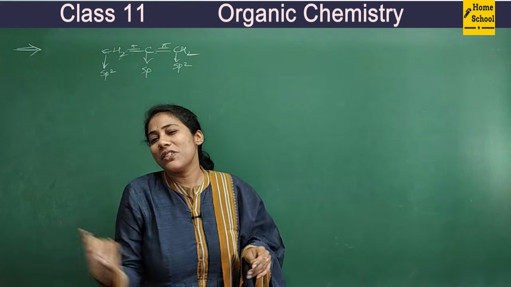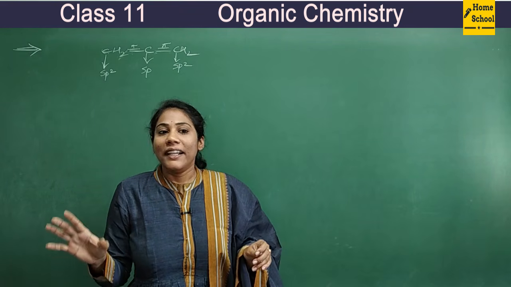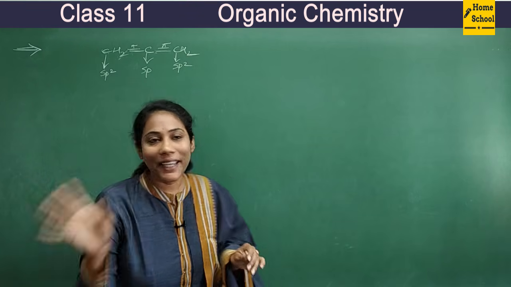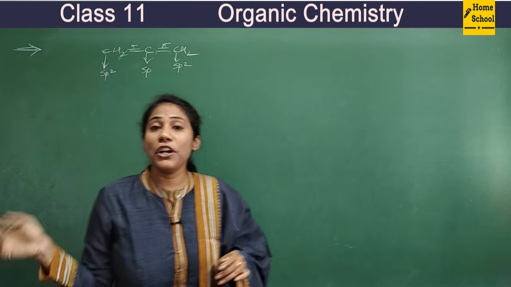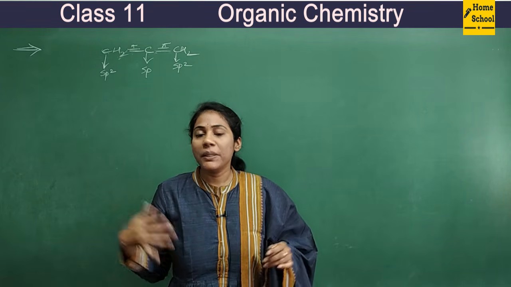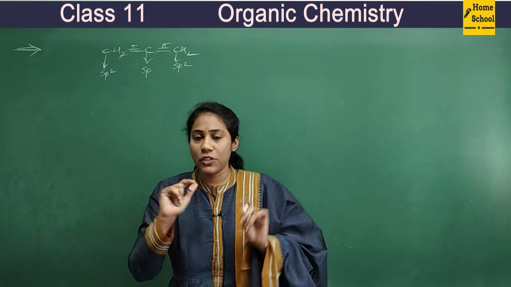Then you will find organic chemistry a beautiful chemistry, and your journey in learning organic will become much easier. Okay, fine. So that's all about finding hybridization of every carbon in a molecule. And in future, I'll come up with many more examples. So as of now, I will stop this topic.